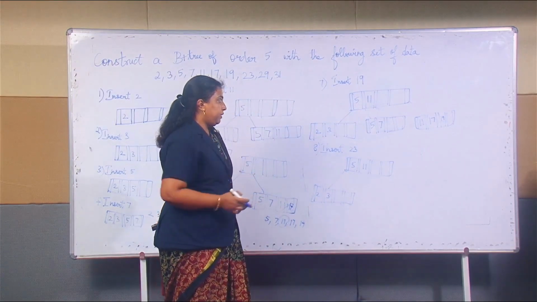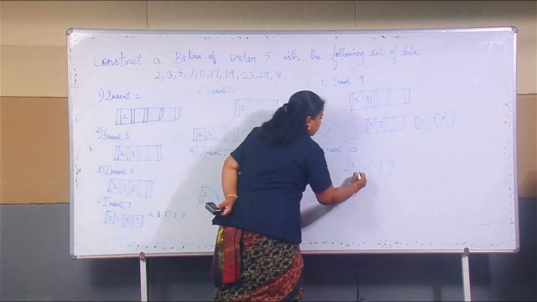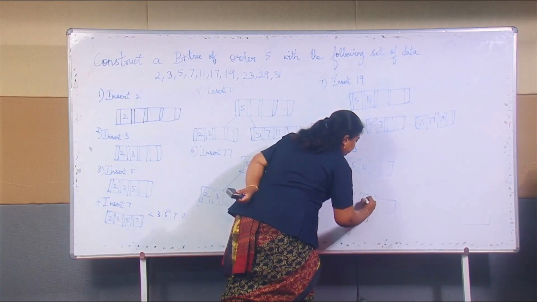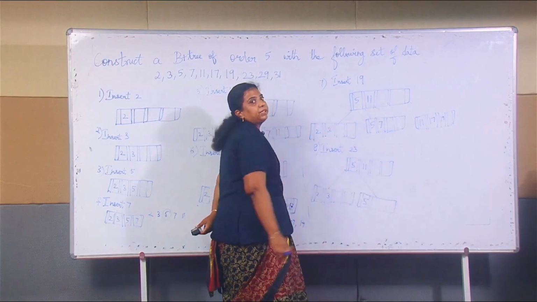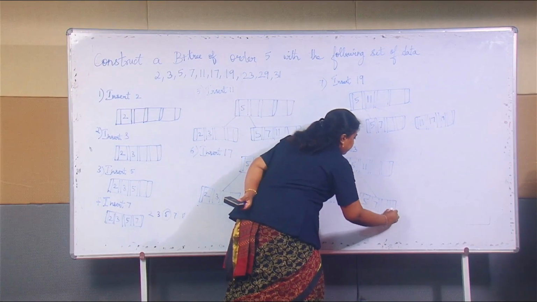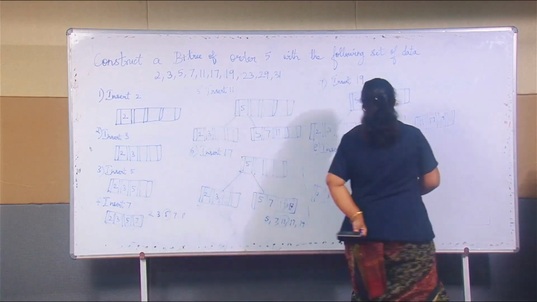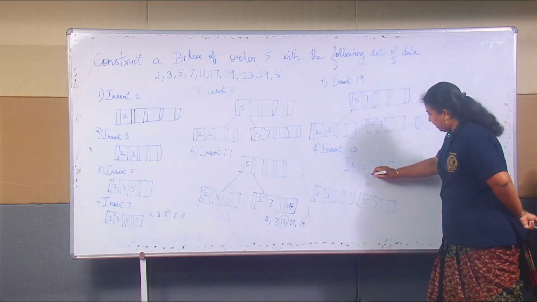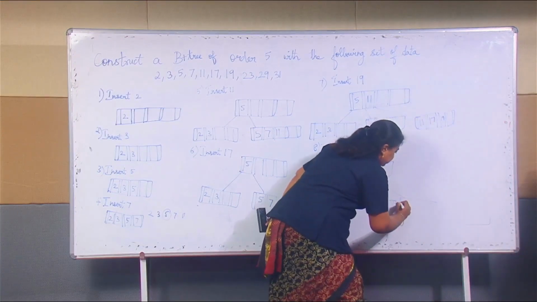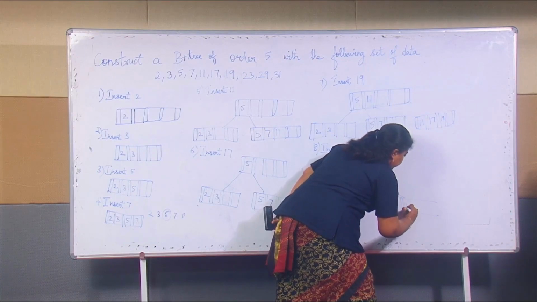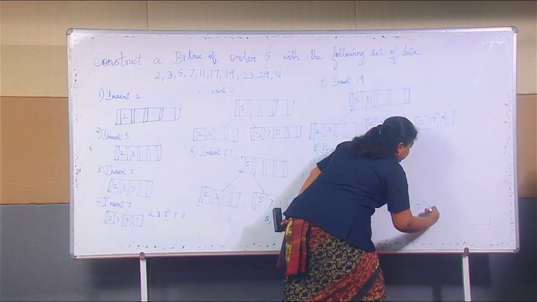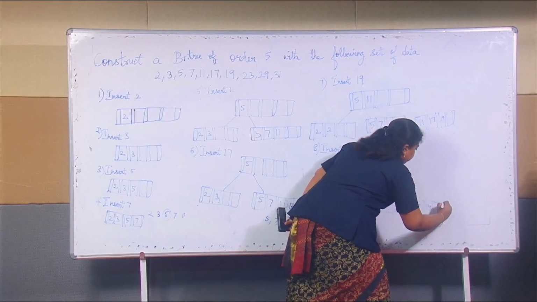Between 5 and 11, 5 should be repeated, and then we have the element 7. On the right hand side of 11 we have the same element 11, then 17, 19, 23.